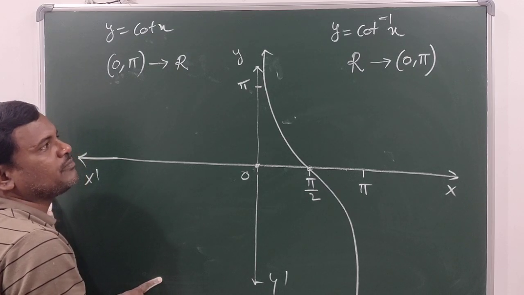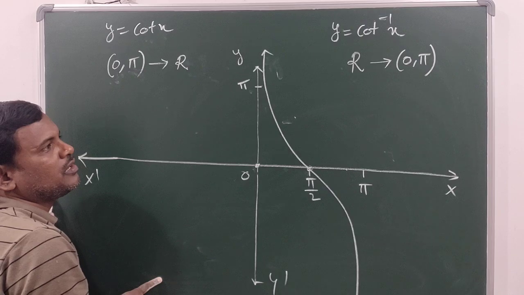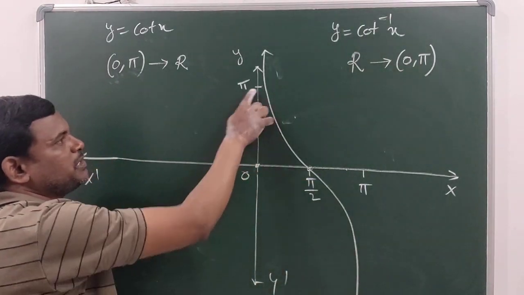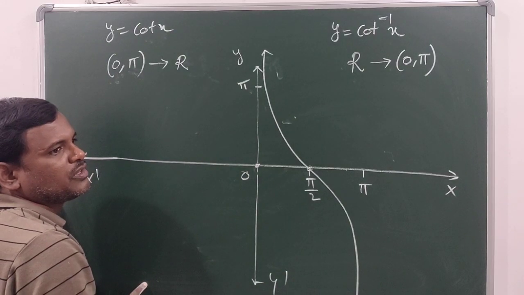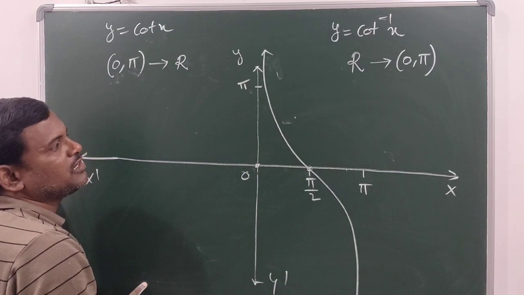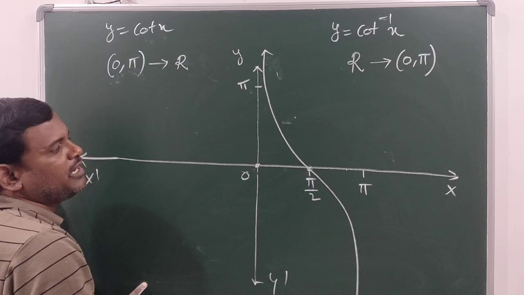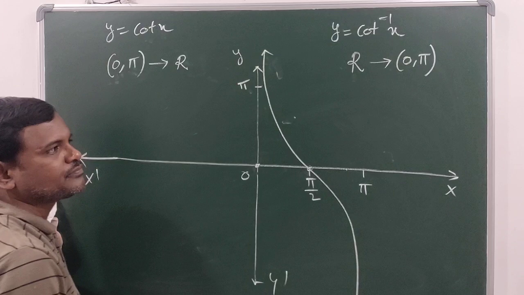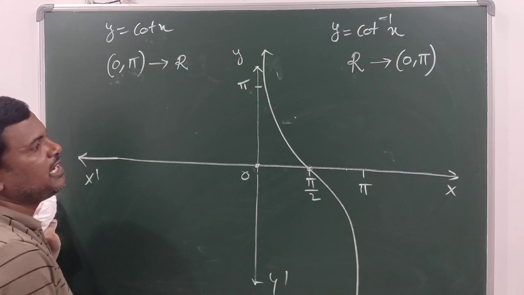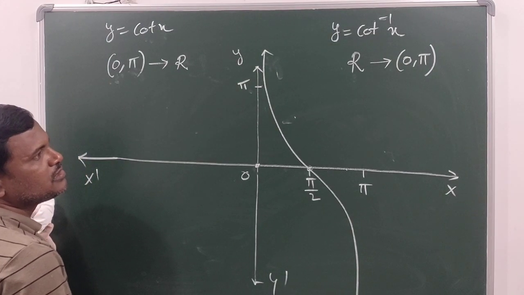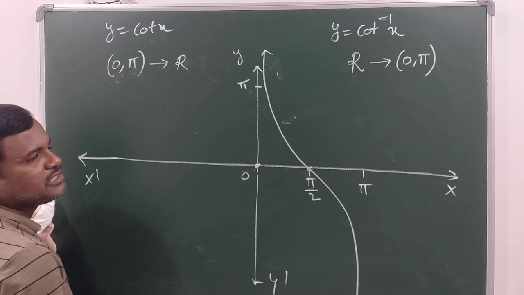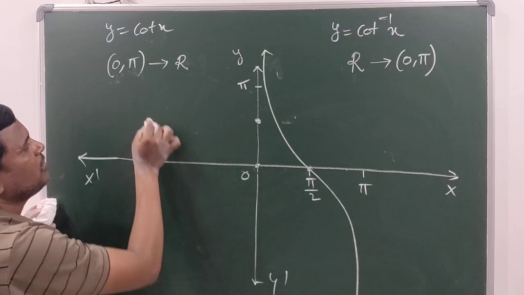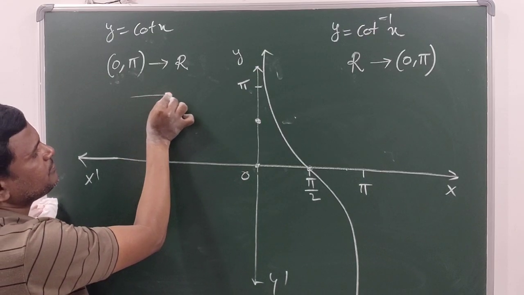Take any real number, substitute it for x and simplify. The graph must lie between 0 and pi, so it strictly decreases. When you put 90 degrees, you get 0. When it is 0, here it is 45. So it will come like this.